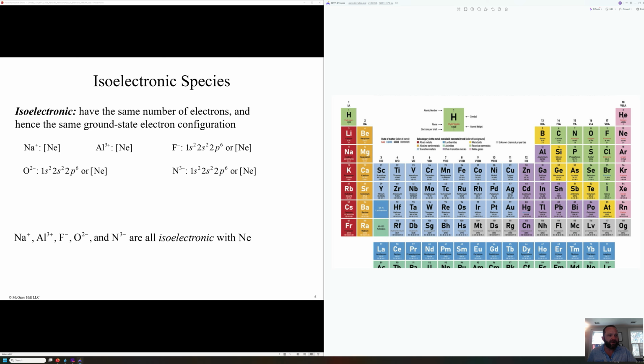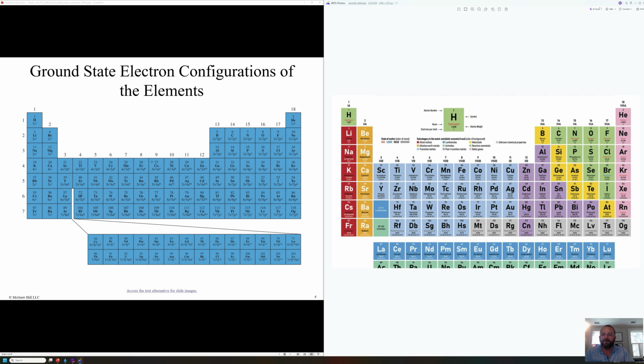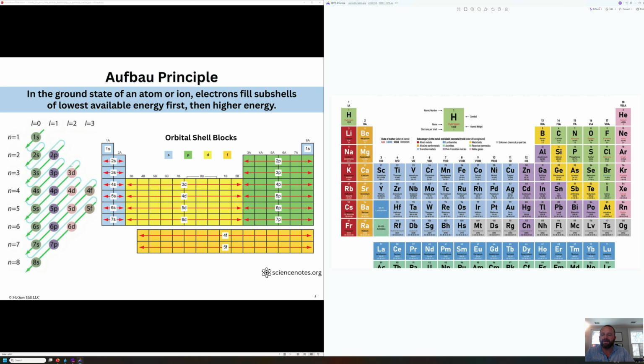So it gets a little bit more complicated with transition metals. Without going too deeply into it, let's see what they say here. When a cation is formed from an atom of a transition metal, electrons are always removed first from the ns orbital and then from the n-1 d orbitals. If you go back to Aufbau, you can see 5s, 4p, 3d.